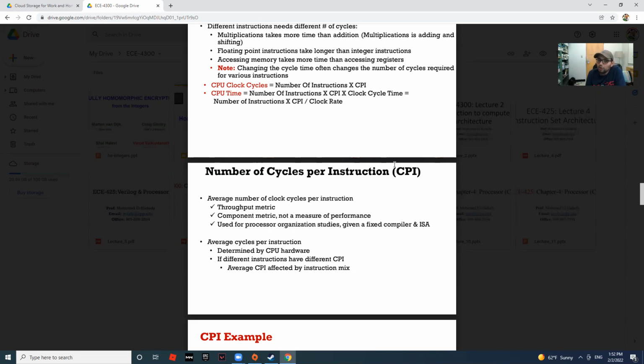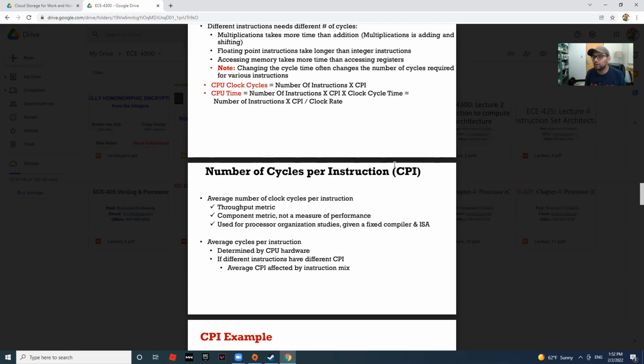It will also be a component metric. That means I look at a component of the CPU or pieces of the CPU, but it's not very good for measuring the whole performance, especially if it's averaging. Sounds good?